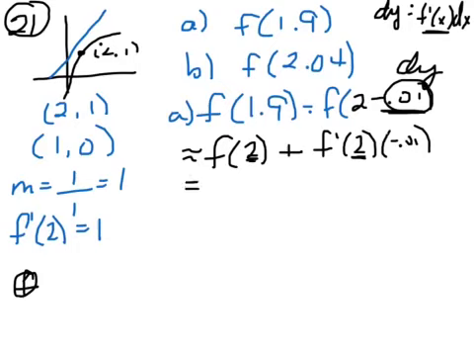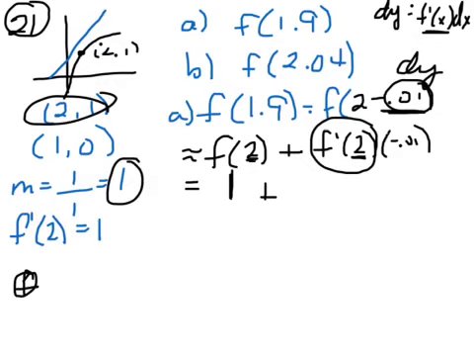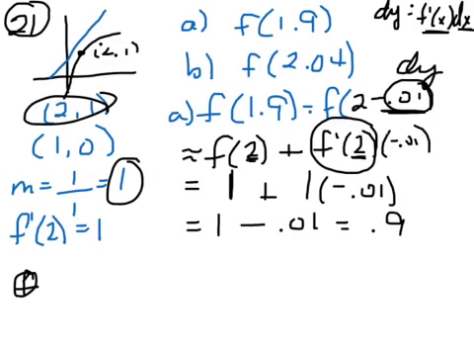We know f of 2 is 1, the y value at 2. The derivative at 2 is 1, because we counted it off. The slope and the derivative are the same thing. Then my change in x is negative 0.1.